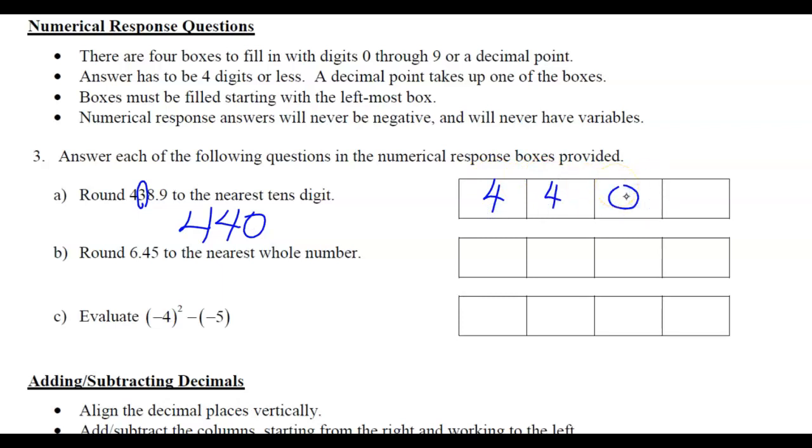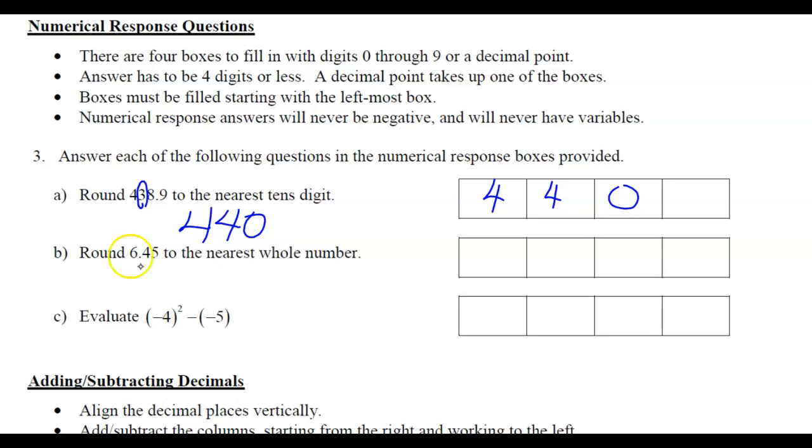And you'll notice if you thought that maybe I should put in decimal 0, you're going to run out of space. And so that is a check that you don't do that, right? It's almost a way of helping you. Okay, so nearest 10 digit, 438.9 is really close to 440.